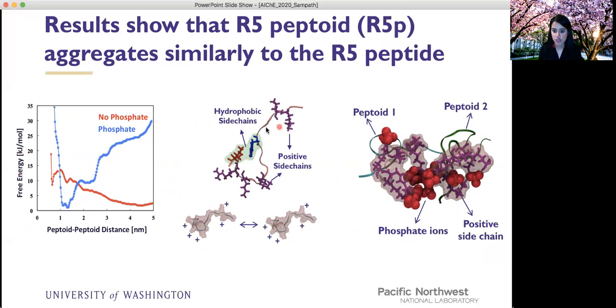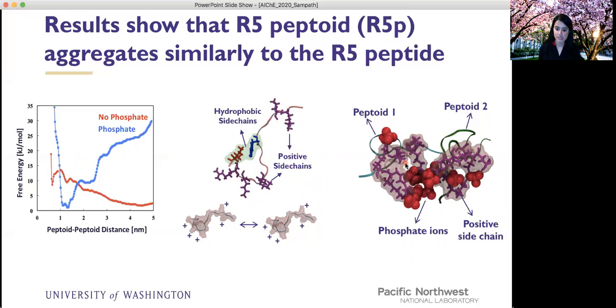Closer inspection of the single peptoid conformation reveals that hydrophobic interactions dominate, causing charged positive side chains to be exposed in solution. Without the phosphate ions, the peptoids tend to repel each other due to like charges. Upon the addition of phosphate groups, dimerization occurs.